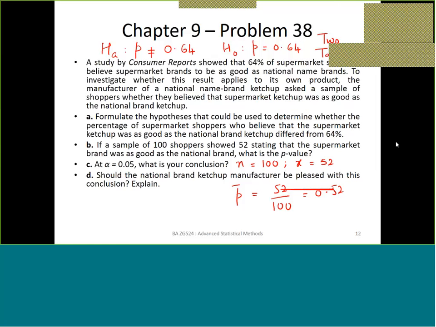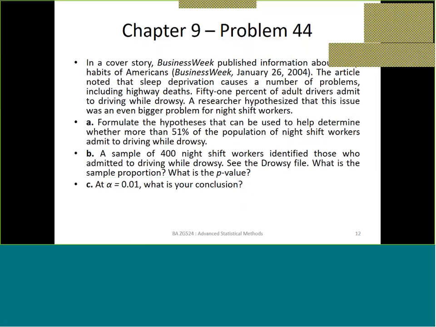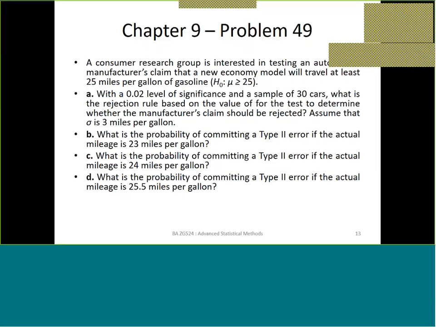We solved question number 38, which is a two-tailed test based on proportion. If you go through question number 44, which is also of the same kind, I'm just skipping it. So we'll go to question number 49. So you see here what extra we have done in today's class.